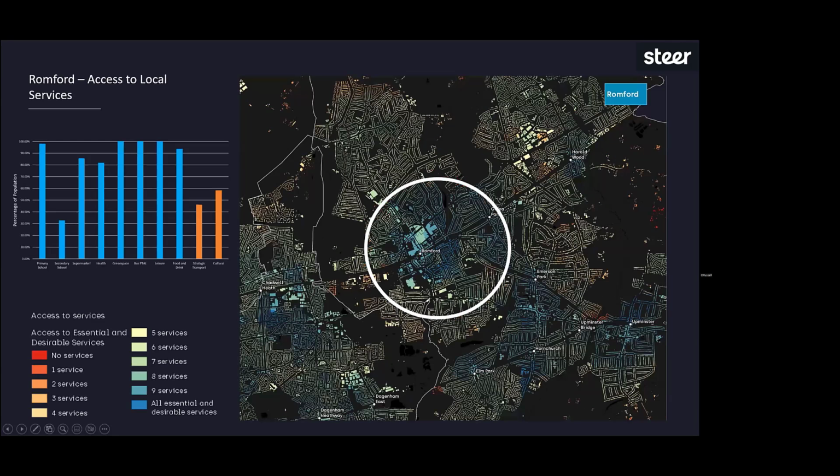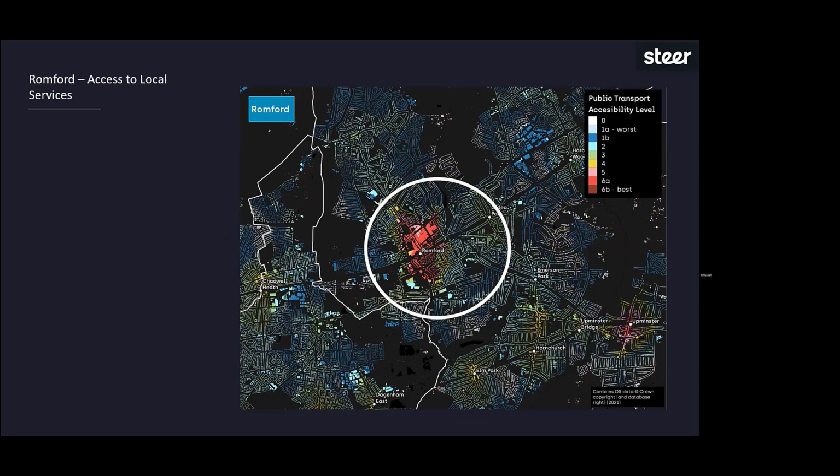And then when we look at Romford, again, it doesn't score quite as well as Croydon in terms of measuring the local accessibility. But again, just outside the area, you'll see that local accessibility does drop off quite a lot as we move into the more residential areas. And also when we start bringing in things like the PTAL data again, we'll see that the PTAL data really does drop off.